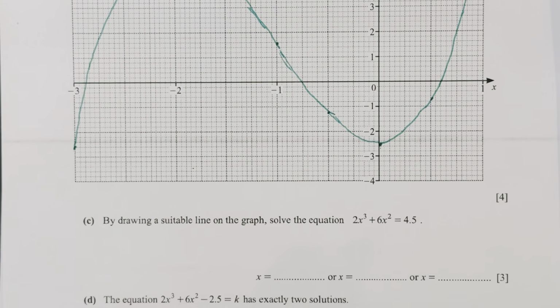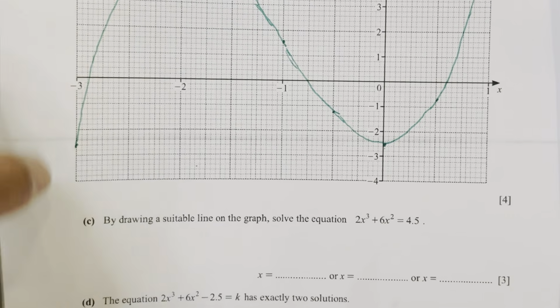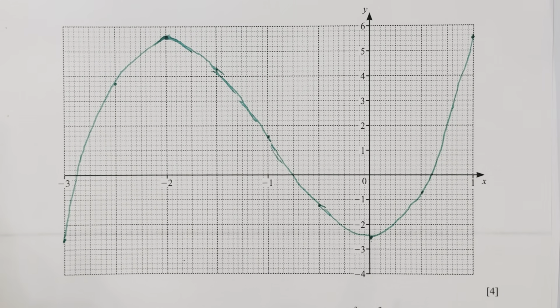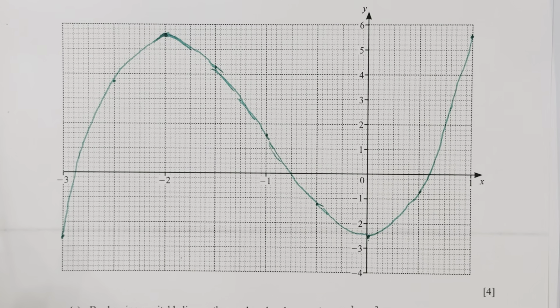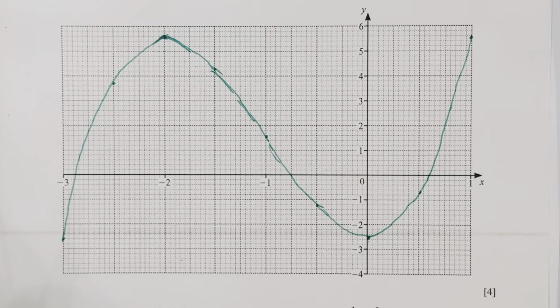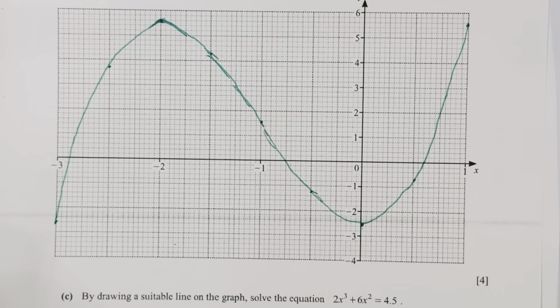So we need to find the value when the value of y is equal to, by drawing a suitable line, solve the equation 2x cube plus 6x square is equal to 4.5.